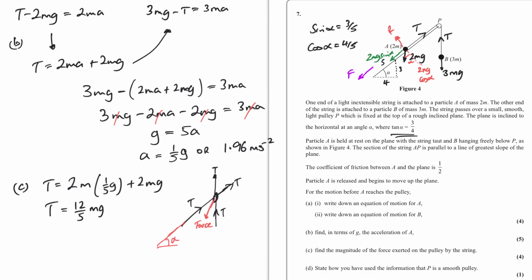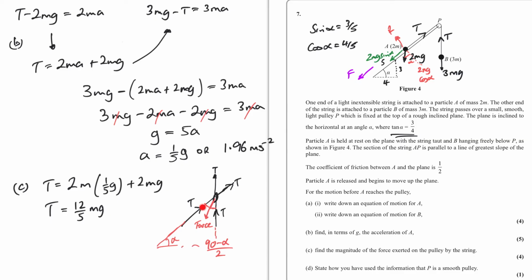Okay, now what that means is that if I look at these two angles here, they're going to be 90 minus alpha and then divided by 2, because you think of the whole triangle here.